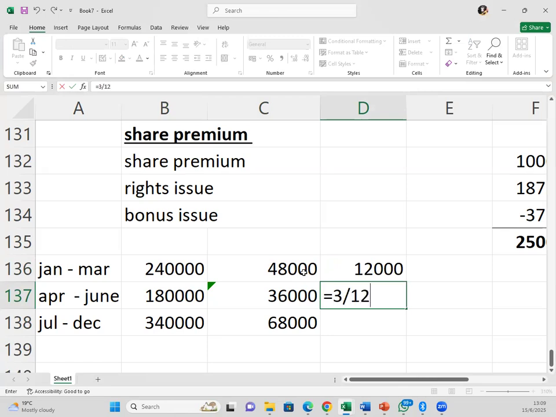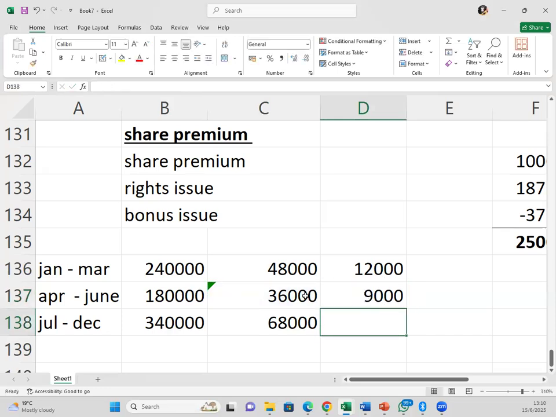So that's 3/12. Again, this one, it was a tricky one. Then the assets were 340, the depreciation is 68,000 for the whole year, but July, August, September, October, November, December, for 6 months.